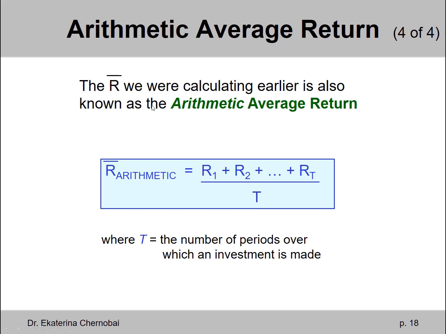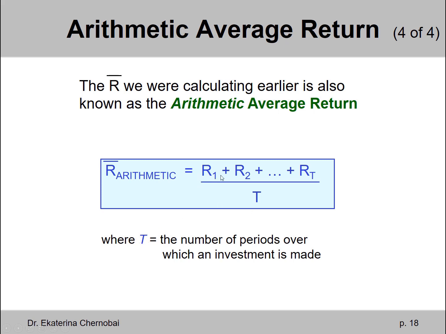This, in finance, is known as the arithmetic average return, right? The arithmetic average return is also what you mean by the simple return. You just add the numbers up and divide by how many you had in your sum.